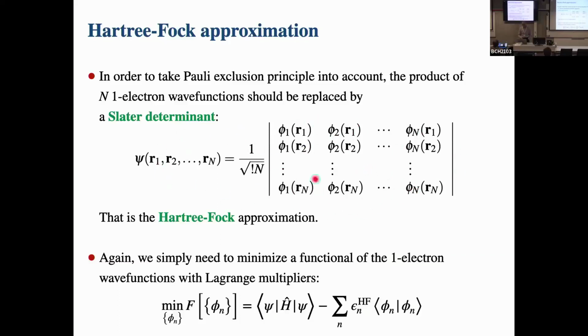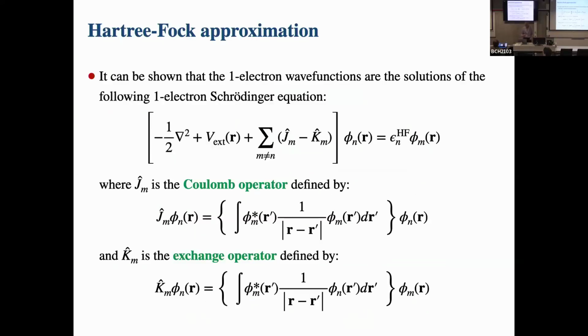If you make this approximation that psi is equal to a Slater determinant, this is the Hartree-Fock approximation. In that case, you can again write a minimization of a functional that depends on the energy minus some Lagrange multipliers that impose the constraint of orthonormalization of the one-body wave functions phi. And so, again, if you derive those equations, you can come directly to this.